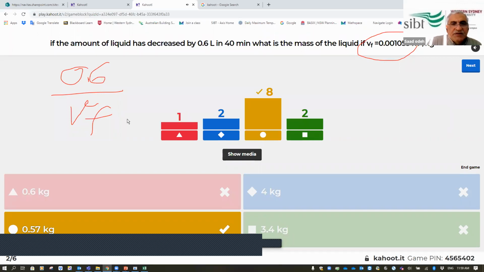Right, correct. The amount of liquid has decreased by 0.6 liter in 40 minutes. What's the mass of liquid if VF is given? We just need to divide the 0.6 liter by 1000, because this is in cubic meters, and then divide by the specific volume.